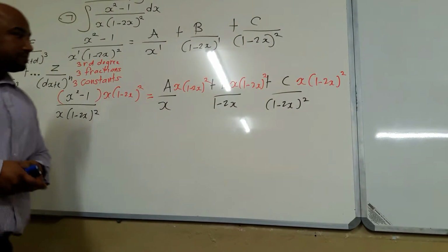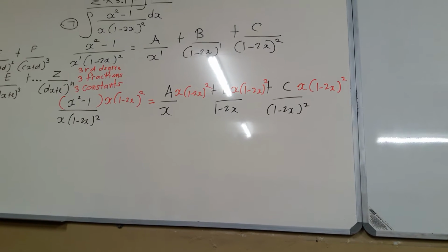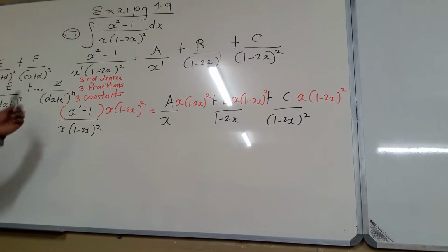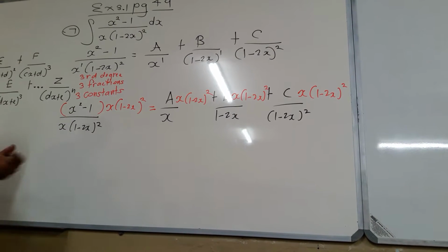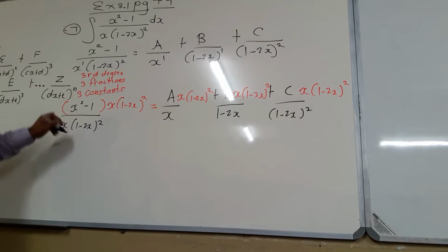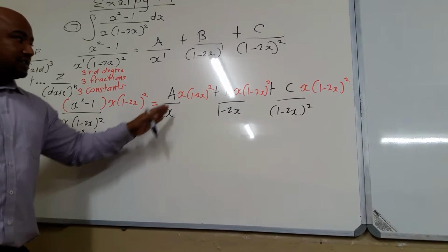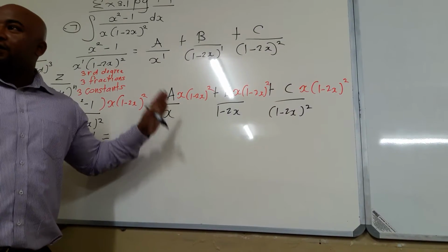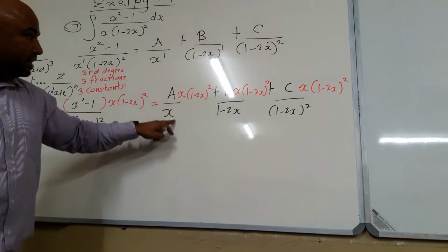So now, on the left hand side, the denominator must cancel perfectly. If it does not cancel, you multiplied it by the wrong factor. Alright, so on the left hand side, you can see x and x cancel. These two cancel. What remains is x squared minus 1. Here it's just simple cancelling of common factors. Alright, so x and x will cancel here.